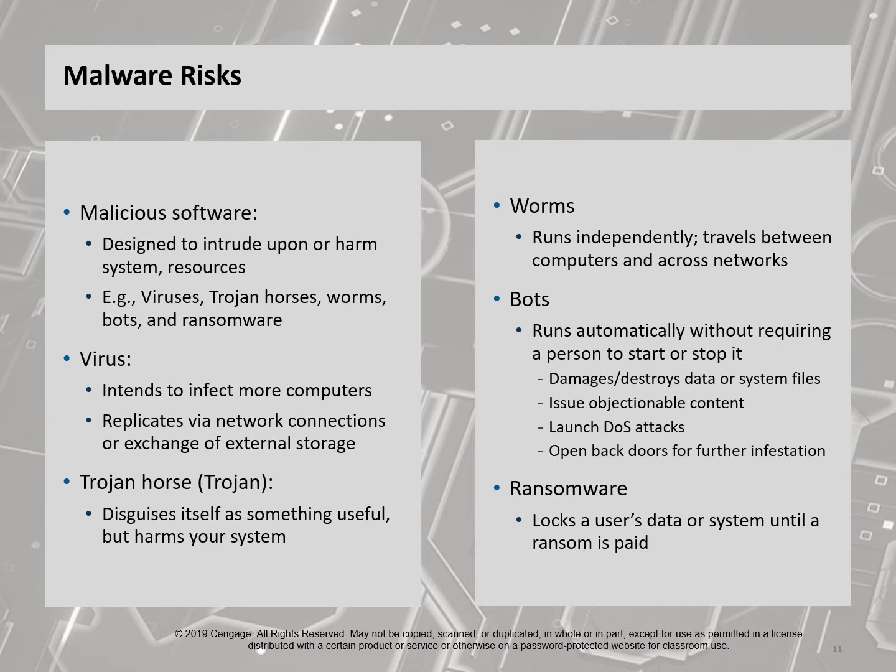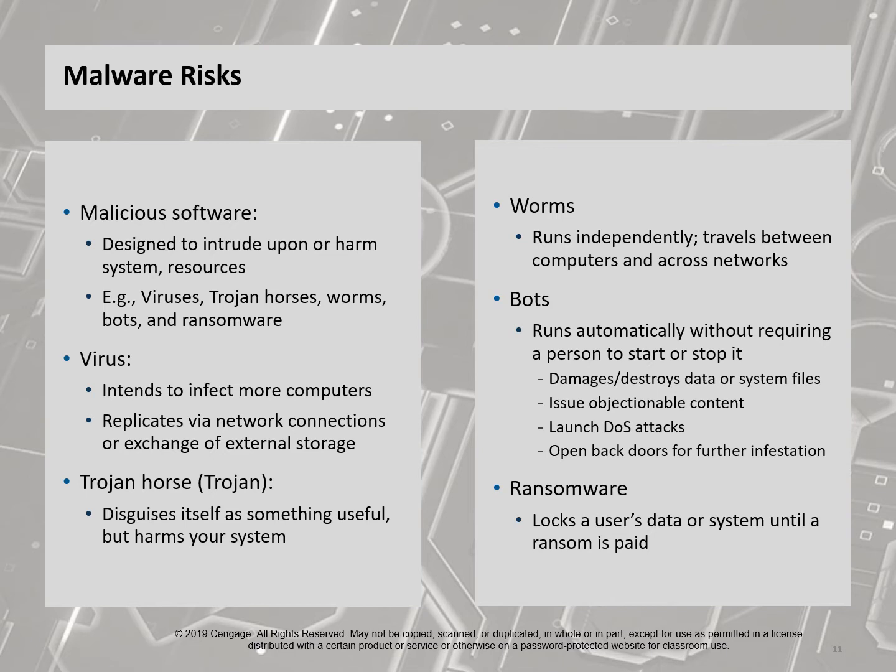Worms are going to be kind of the inverse of a virus in that they're all about spreading, but they can run independently, they can be remote controlled, they can have a lot of sub packages that can perform various things across a network. Bots are automated. You know, robot, you push the button and it goes. But you don't have to push the button to start or stop it.